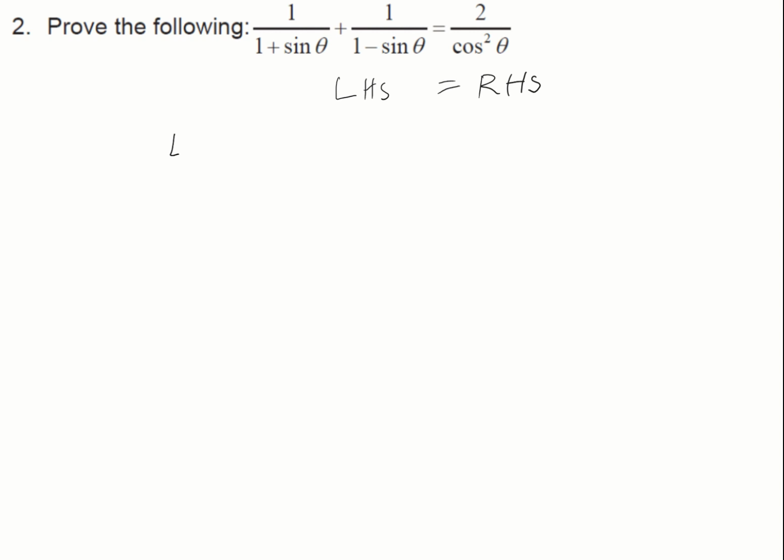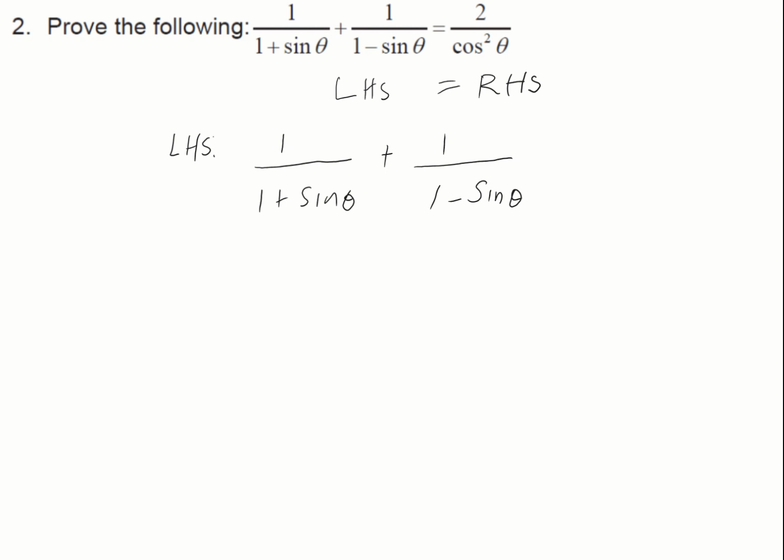So let us take our left hand side, we know that it is 1 divided by 1 plus sine theta plus 1 divided by 1 minus sine theta.